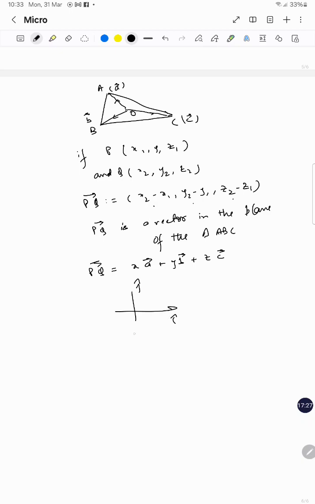They need not be perpendicular. Any two vectors will do over here. But now we are saying that we can also write it in terms of these three vectors. So there is an additional condition. An additional condition has to be imposed on these three numbers x, y, and z, if we so choose to write PQ.